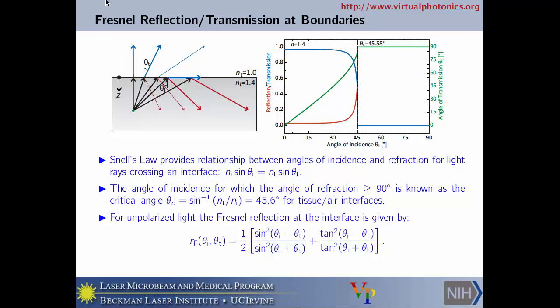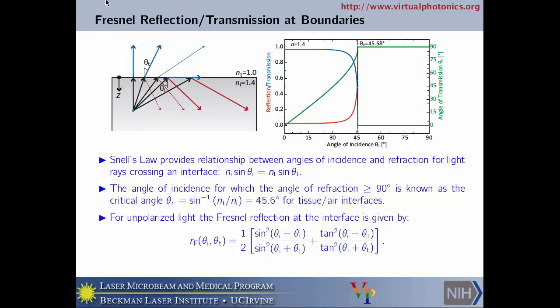The green curve gives you the relationship between the angle of incidence on the x-axis and the angle of transmission, which is on the right-hand y-axis. So you see, for the most part, a fairly linear relationship, except close to the critical angle, and then beyond the critical angle, which is about 46 degrees, the transmitted light is totally frustrated, and you have total internal reflection. And then the red curve gives you the reflection back into the tissue, and the blue curve gives you the transmission outwards, okay?